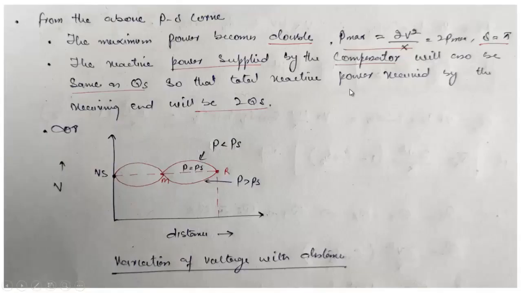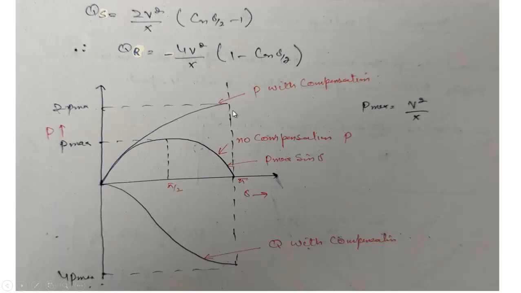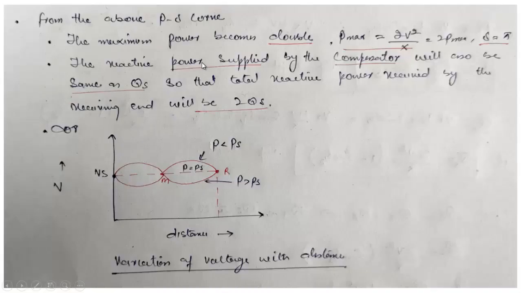So the total reactive power received by the receiving end will be twice QS. That means we have to supply 2 times the reactive power at the receiving end, so that the power will increase to twice P max.